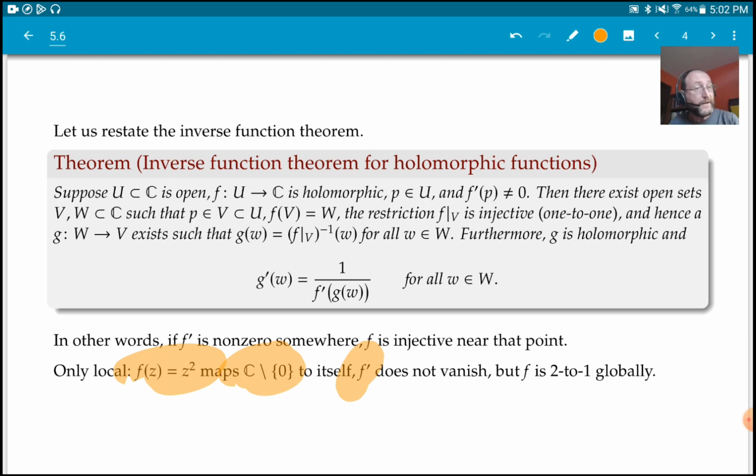But this function is not one to one. It's actually two to one globally. Locally, it is always one to one. If you restrict to a small neighborhood, of course, you get one to one. But globally, there are always two points that go to one point. There are the two square roots; every number except 0 has two square roots.